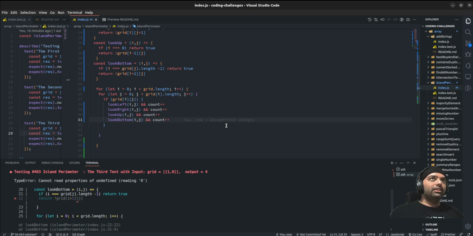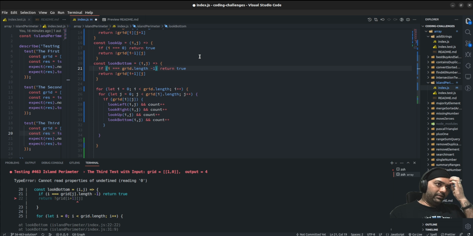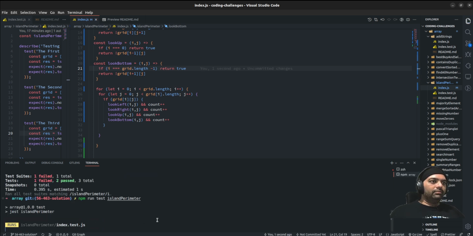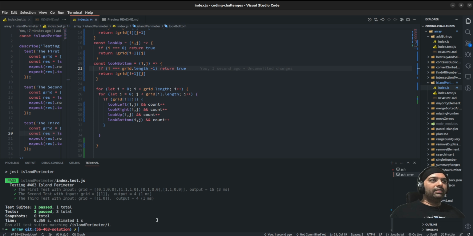So it's not grid of j, and i plus 1, it should be grid, not j. Yeah, this is how we can find the solution and debug. Now all of the test cases are passing, and this is the solution for our problem.